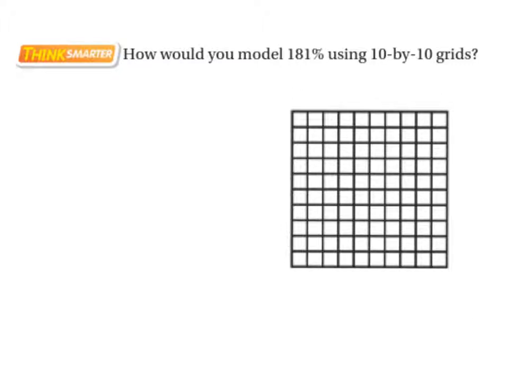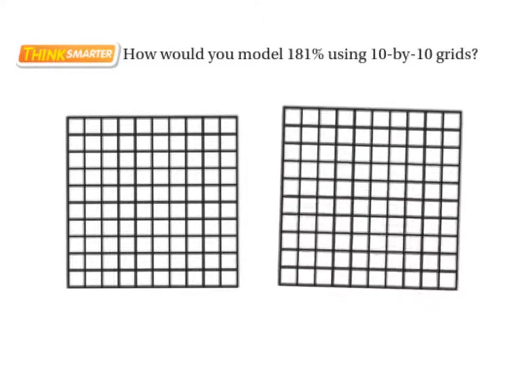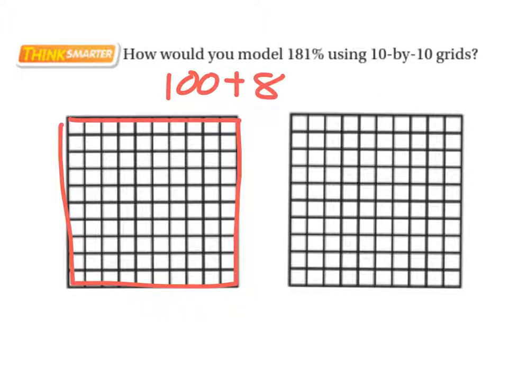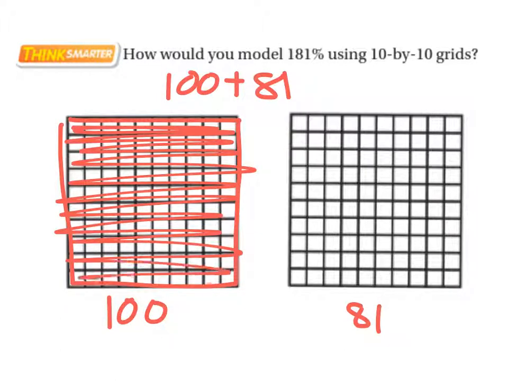So in order to model 181%, we're actually going to need 2 10 by 10 grids, because the first one we will color in fully, which will be 100%. Okay, so 181 is 100 plus 81. So the first one is going to be my 100. The second one is going to be my 81. So here's all of these colored in.